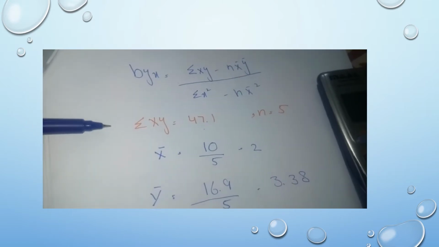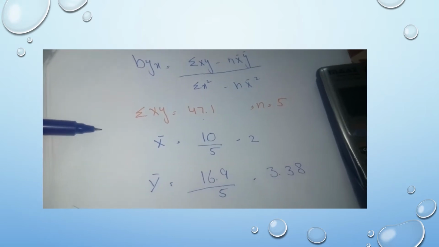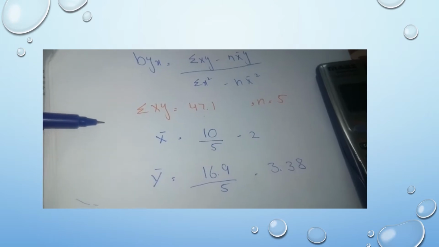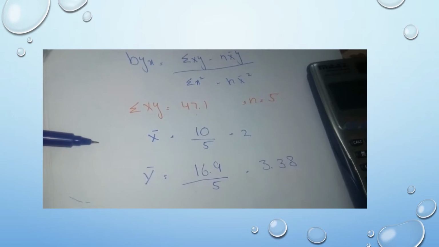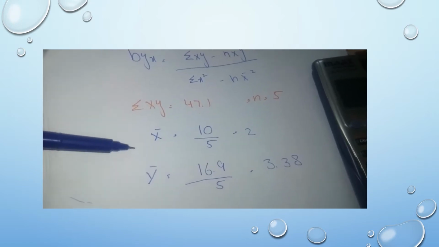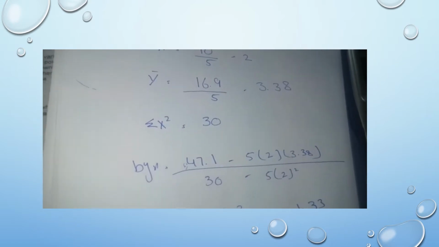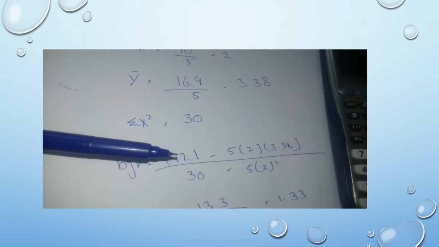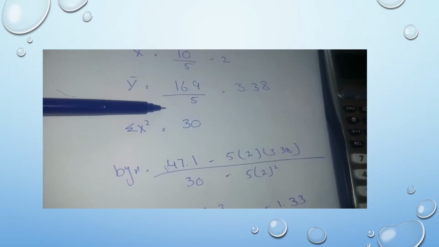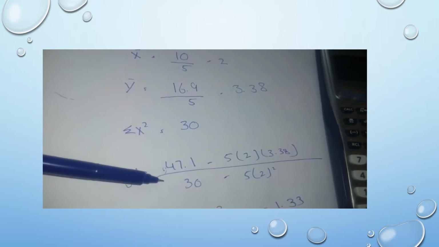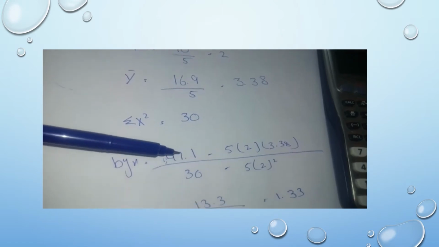The summation xy is 47.1, n is 5, which is the total number, x mean is 10 divided by 5, so the answer is 2. Y mean is 16.9 divided by 5, so the answer is 3.38, and summation x square is 30. So 47.1 minus 5 multiplied by 2 and 3.38, divided by 30, which is x square, minus 5 multiplied by 2 square.